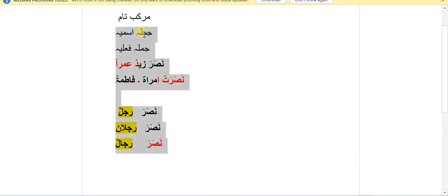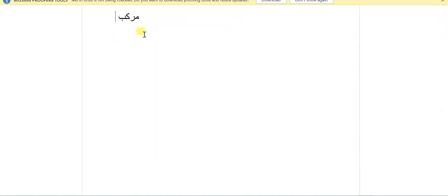Now let's go to the other sentence, that is jumla ismiya. Jumla ismiya is also a part of complete sentences, and this jumla ismiya starts with an ism, that's why it's called jumla ismiya. Now jumla ismiya is made from two parts.